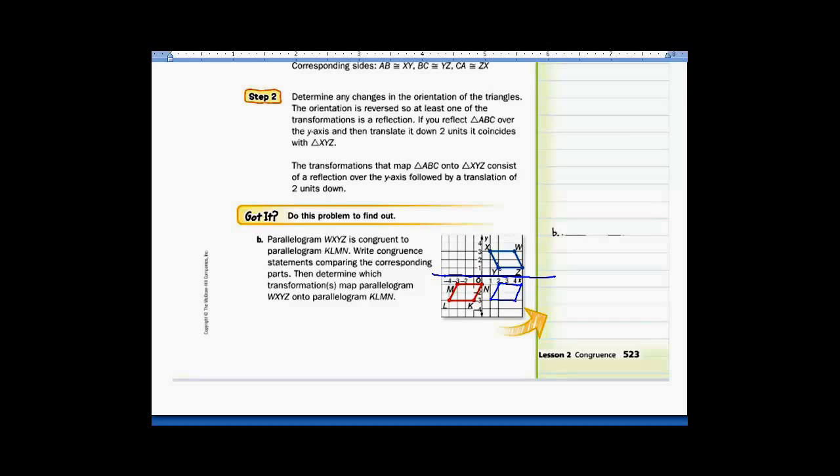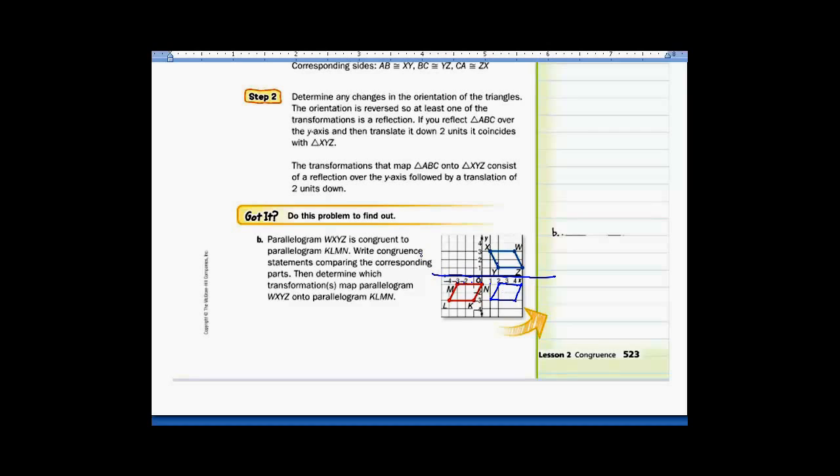So that would be a reflection, and then you would have to translate everything 1, 2, 3, 4, 5 units to the left. Now, am I necessarily saying that you have to tell me that it's so many units? No, I just want, again, for you to tell me that it is a reflection and then a translation. Okay.